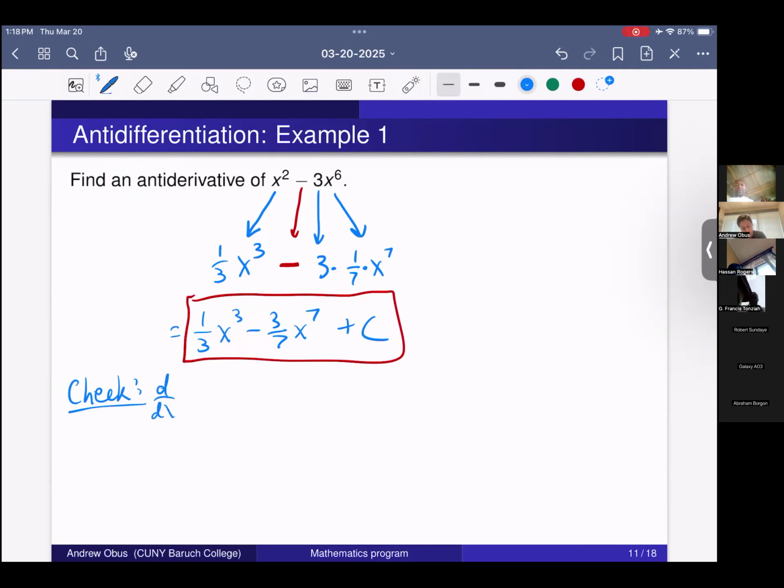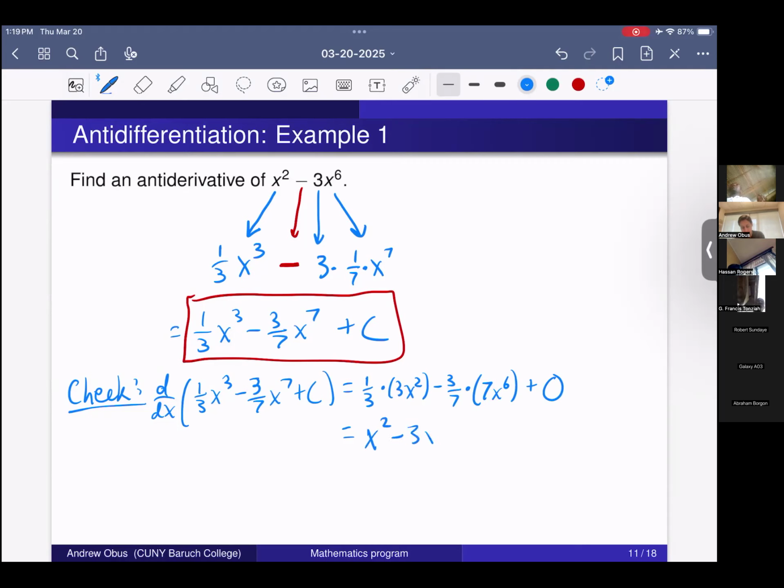The derivative of 1/3 x cubed minus 3/7 x to the 7th plus c is equal to 1/3 times the derivative of x cubed, which is 3x squared, minus 3/7 times the derivative of x to the 7th, which is 7x to the 6th, and then plus the derivative of c, which is 0. And this simplifies to x squared minus 3x to the 6th. So the check works.